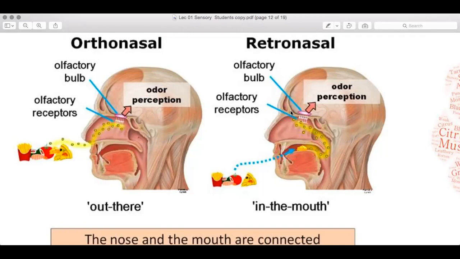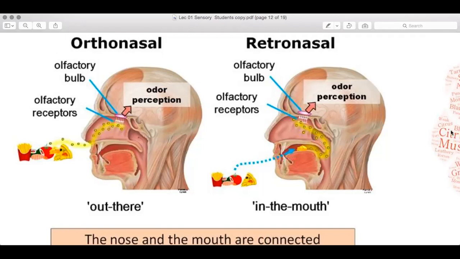The orthonasal and retronasal are two different reactions. For orthonasal, food is outside, the volatile compounds come through the nasal cavity, and the sensors identify the taste. But in the retronasal one, food is inside the mouth. Then the volatile compounds go through the back of the throat and identify the taste.